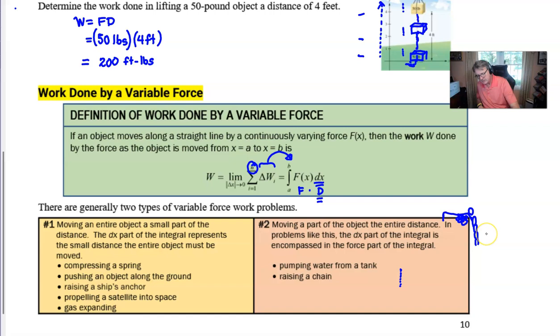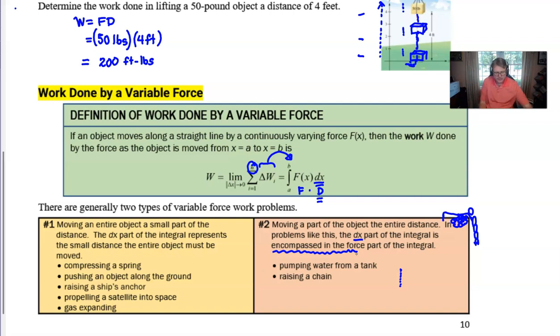You can certainly see that a time will come when there's not as much chain to pull up, thus making that chain lighter. And so that would be a really good example of where the dx part is encompassed in the force that's becoming incrementally different.